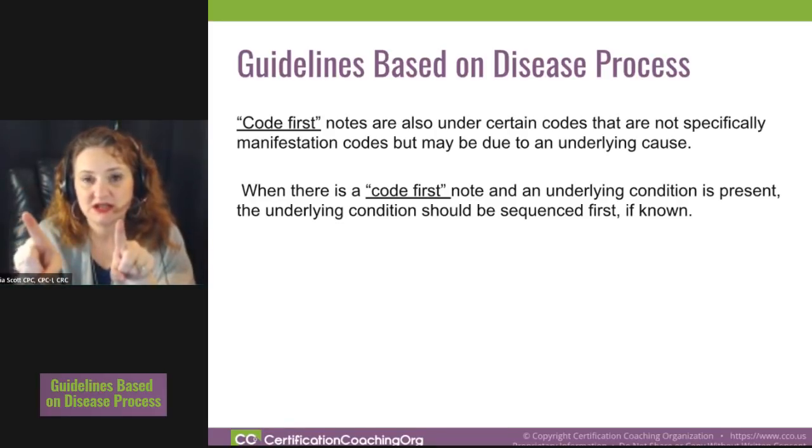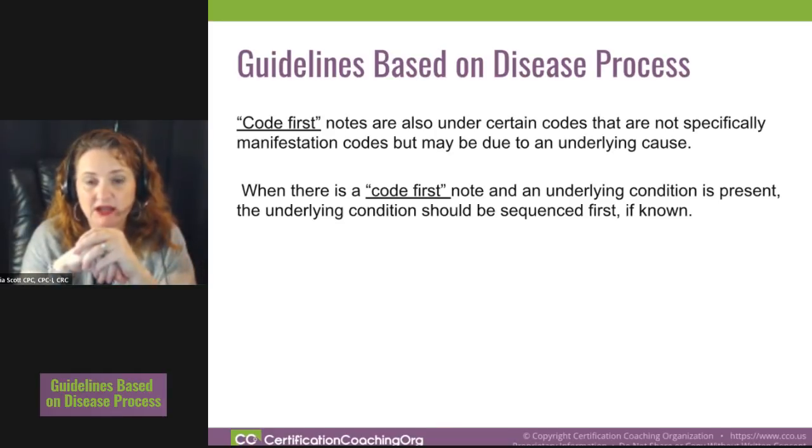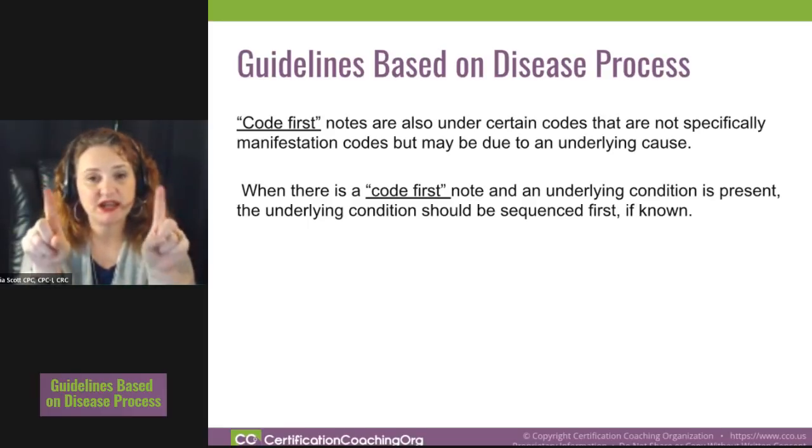They have to specifically tell you, you have a type 2 diabetic and they have CKD stage 3, but the CKD is not due to the type 2 diabetes. That's different. That means those are two standalone conditions. It's not an etiology and a manifestation anymore.